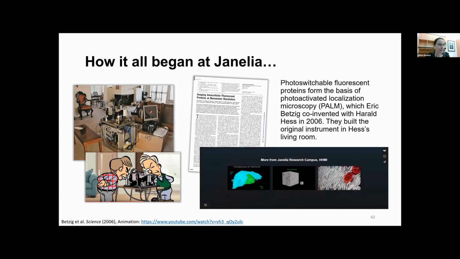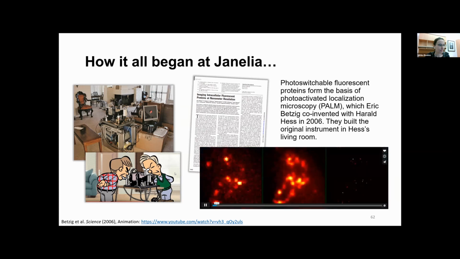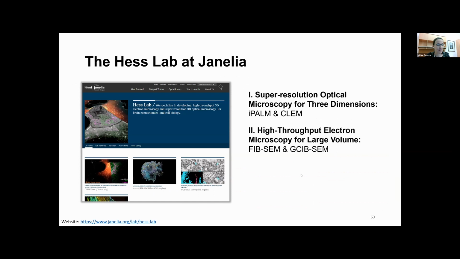After his work on single molecule localization microscopy, specifically on PALM, his scientific interest continued to push the boundaries of resolution. He also invented the iPALM technology, which I've mentioned as a way to extract 3D information. And furthermore, he is now actively doing research in correlative light and electron microscopy, but also under cryo conditions.